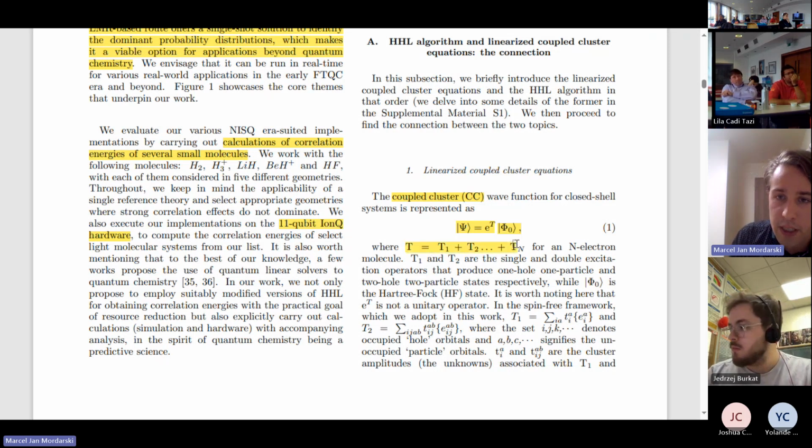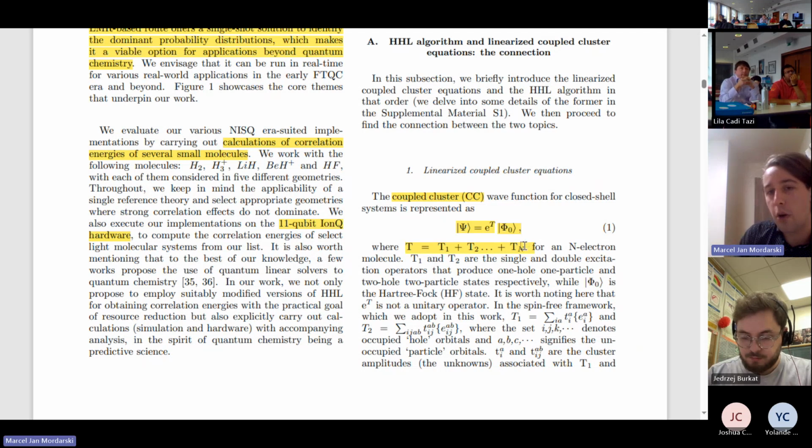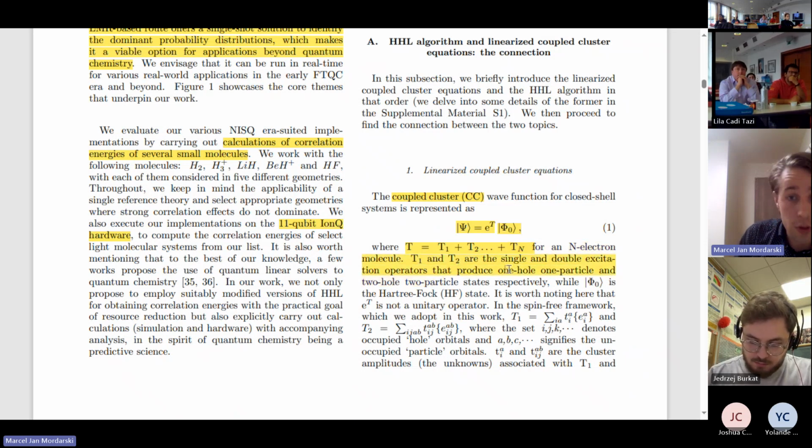And operator T is just a sum of respective operators for an n electron molecule. They say that T1 and T2 are the single and double excitation operators that produce one hole, one particle, and two hole, two particle states respectively, while this state is just the Hartree-Fock state.